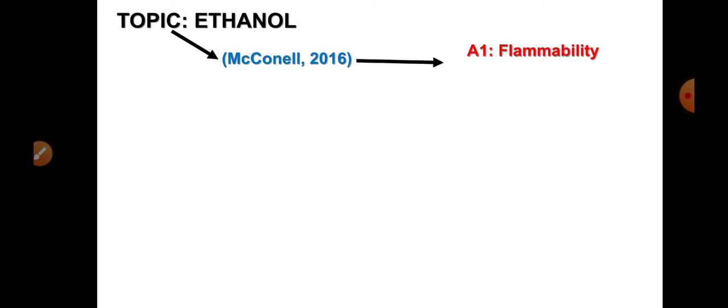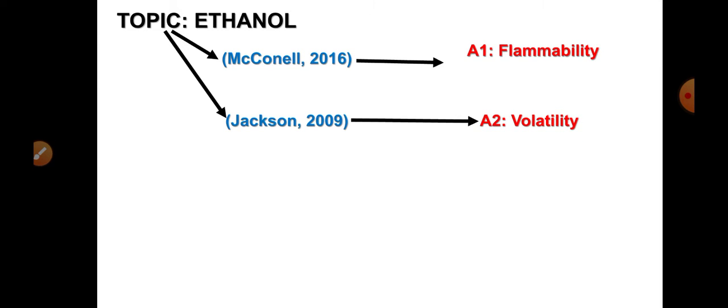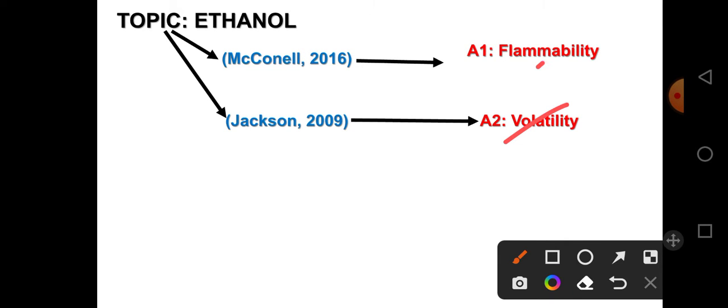Next, you also found out in existing literature of Jackson of 2009, another way for us to determine the effectiveness of an ethanol product is to measure its volatility. So volatility, how quickly it can evaporate. So we have volatility and flammability as our measurable variables.